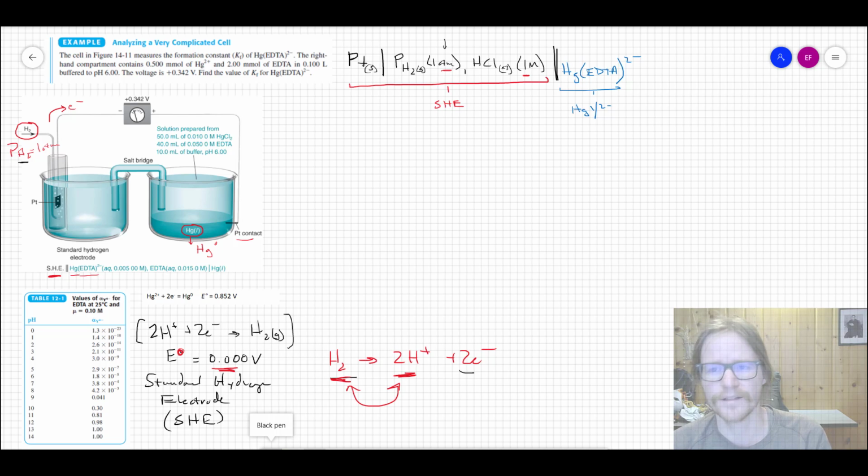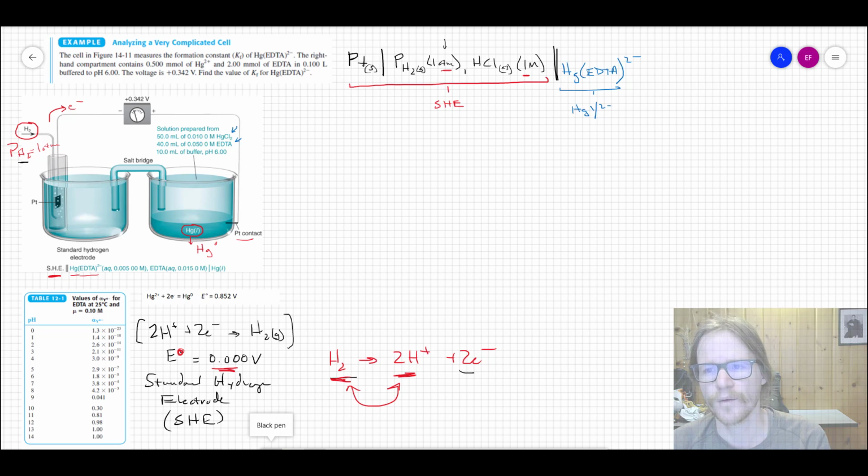And we know that is going to be true. We know at least some amount is going to be complex just because we're adding mercury 2+ and EDTA to the solution. They're being generous, and they computed for us what the concentrations of each of those things are and what amount of it is going to be complex. That's not hard math. That's literally just figuring out how many moles of EDTA, which one's the limiting reagent, which one's going to run out in terms of the complexation.